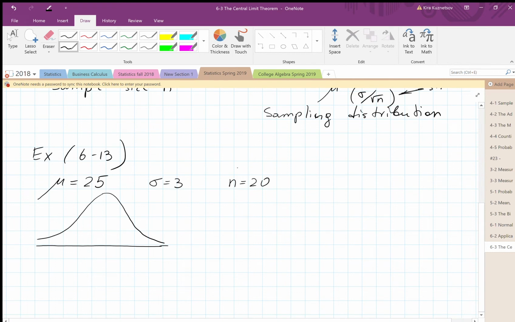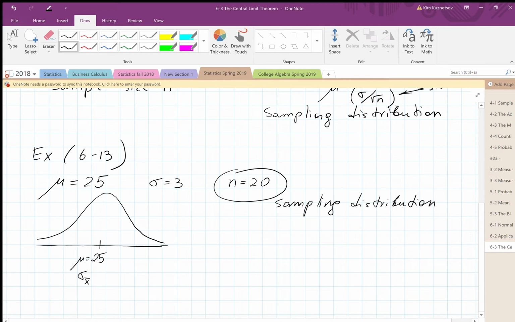As soon as you see a group of 20, you know that this is a sampling distribution, and you have to adjust accordingly. Your mu is 25, and we're going to label it like this.